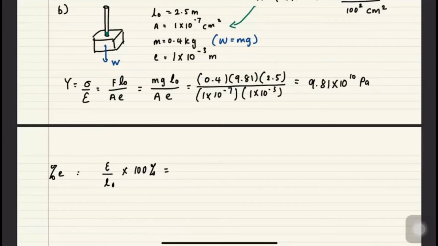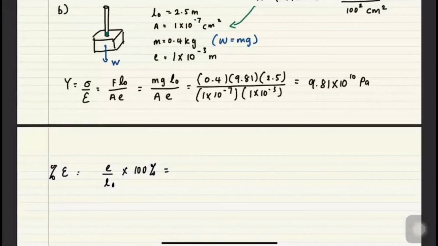Sir, yes? I think L final minus L original, then divide by L original. Okay. So it means calculate just the extension directly. But I will not multiply with 100. So usually it asks to calculate strain. If it asks to calculate strain, usually the formula is E, which is epsilon.